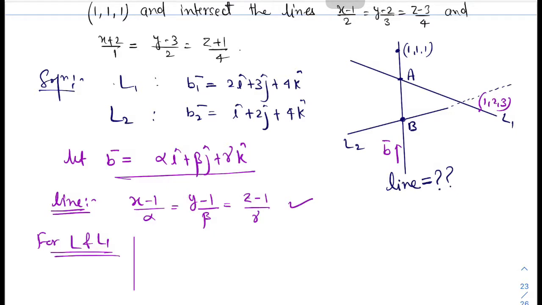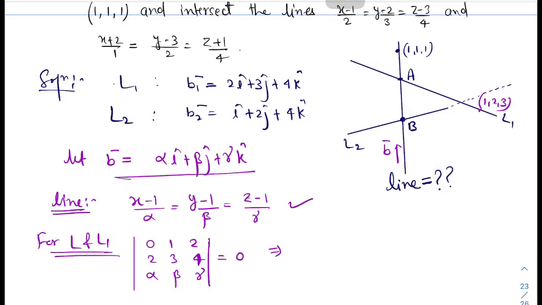So 1 minus 1 is 0, 2 minus 1 is 1, 3 minus 1 is 2, and the parallel vector of line 1 is 2 3 4, and alpha beta gamma is the parallel vector for the required line. So this must be 0.